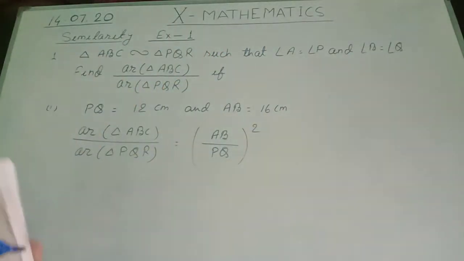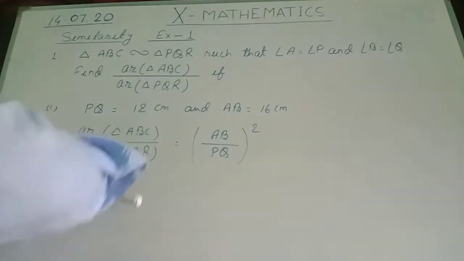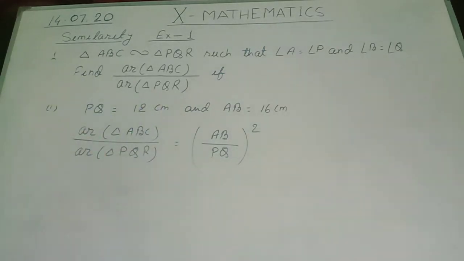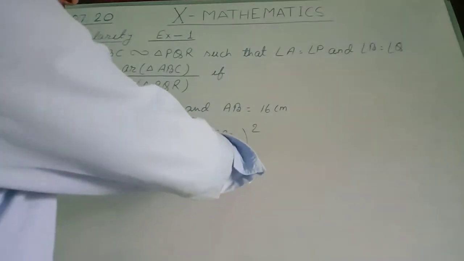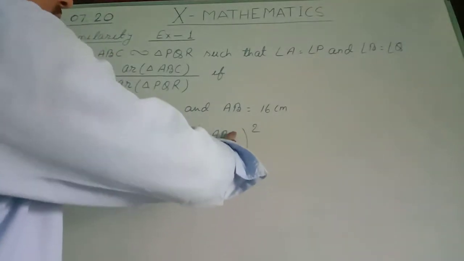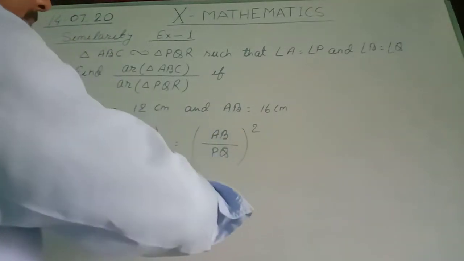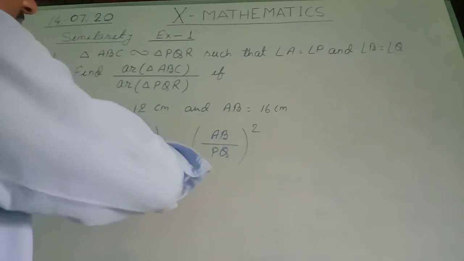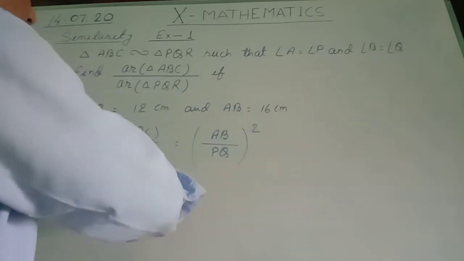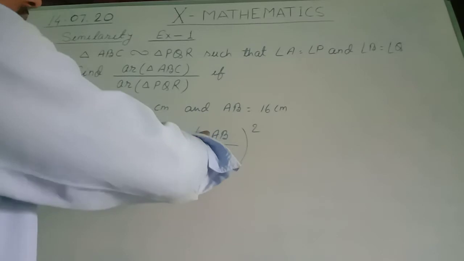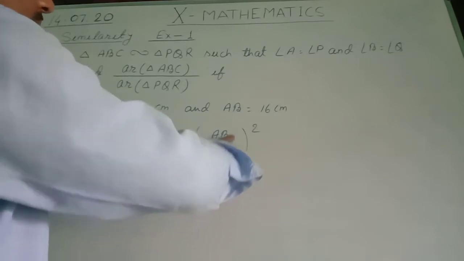This is the rule. For the ratio of area of triangle ABC and area of triangle PQR, we take the square of the ratio of their corresponding sides. AB is the side of ABC and PQ is the side of triangle PQR. So AB by PQ whole square.